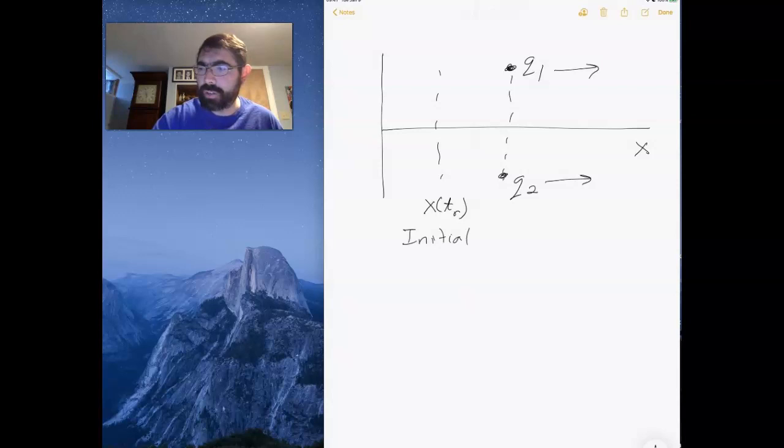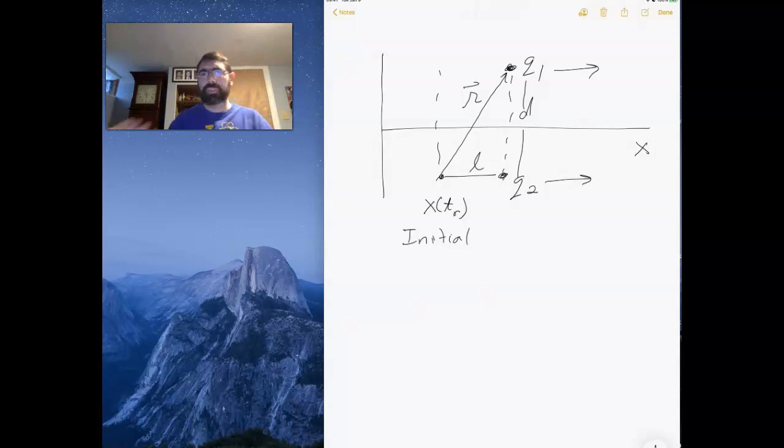It has now moved a length L from the initial position in some amount of time, and this length here is d. The distance from where it started up to this charge I'm going to call script r. Essentially, I'm measuring the position of the charges at some later time.